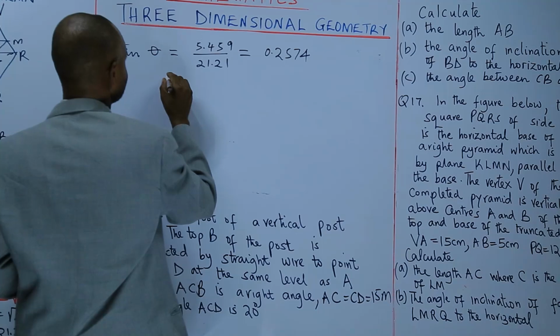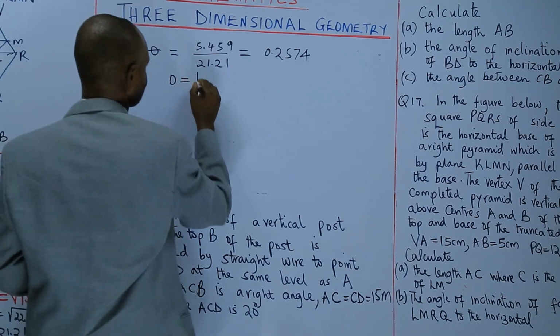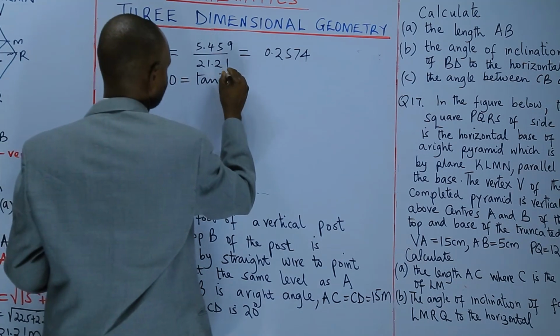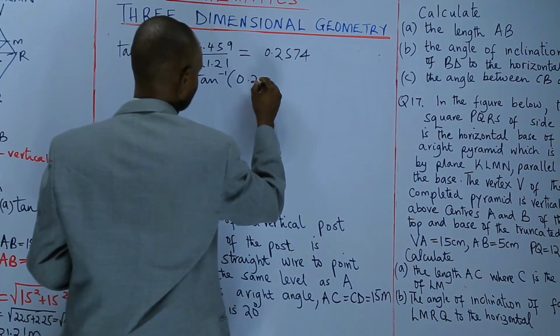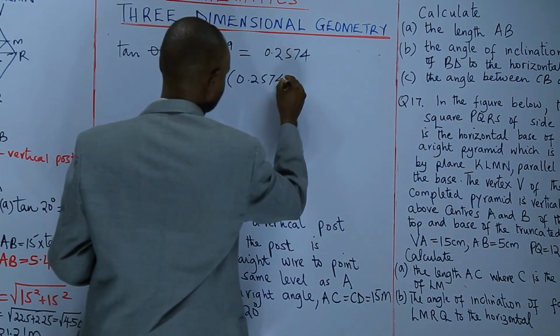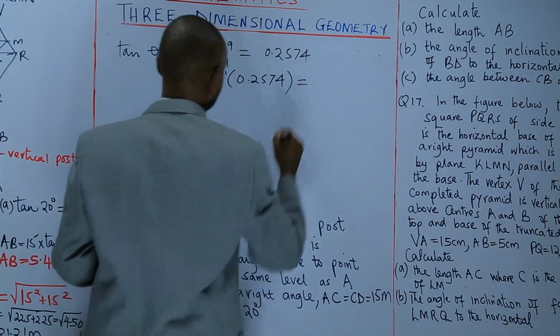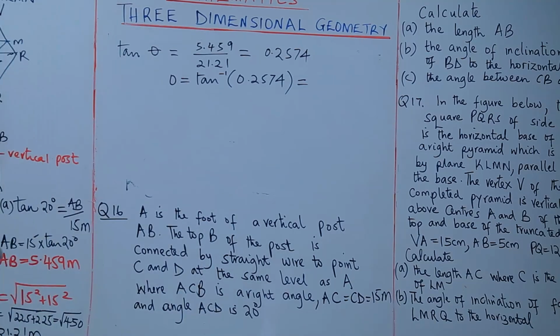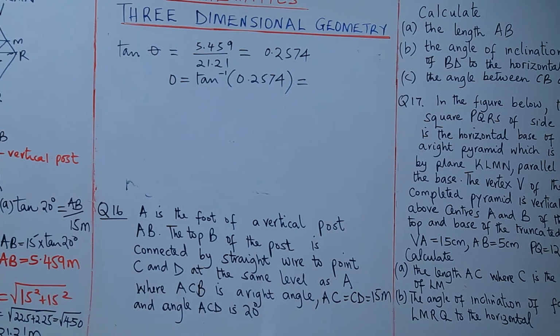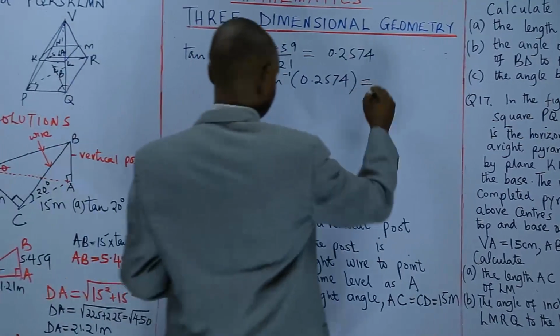Therefore, theta will be equal to tan inverse of 0.2574, and from the calculator, inverse tan 0.2574 will be 14.43 degrees.